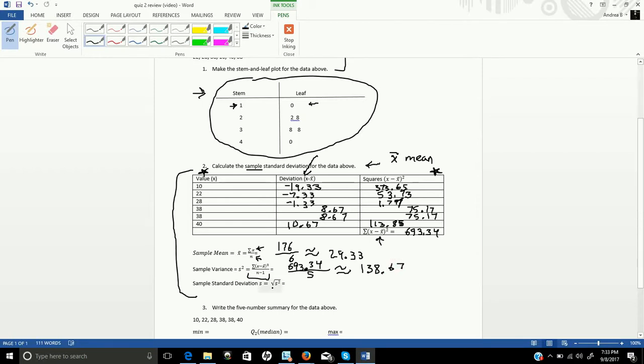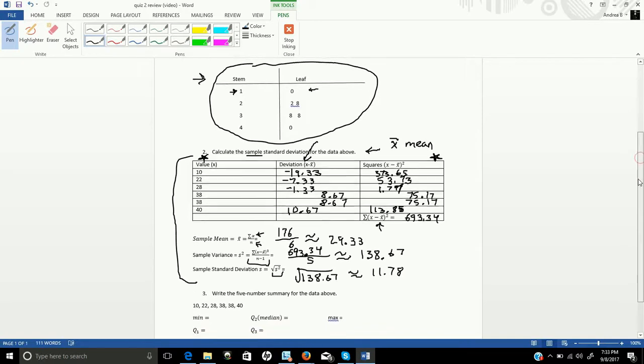So once again, all of that work, you'll want to make sure that you show on the quiz as well. Like I said, that deviation column, the one that I put the arrow above, that part is optional, but you do need to show your work there. You can't just plug it into your calculator and write down the answer. You can certainly use that to help check your answer if you have that ability on your calculator, but you do need to show your work as well.